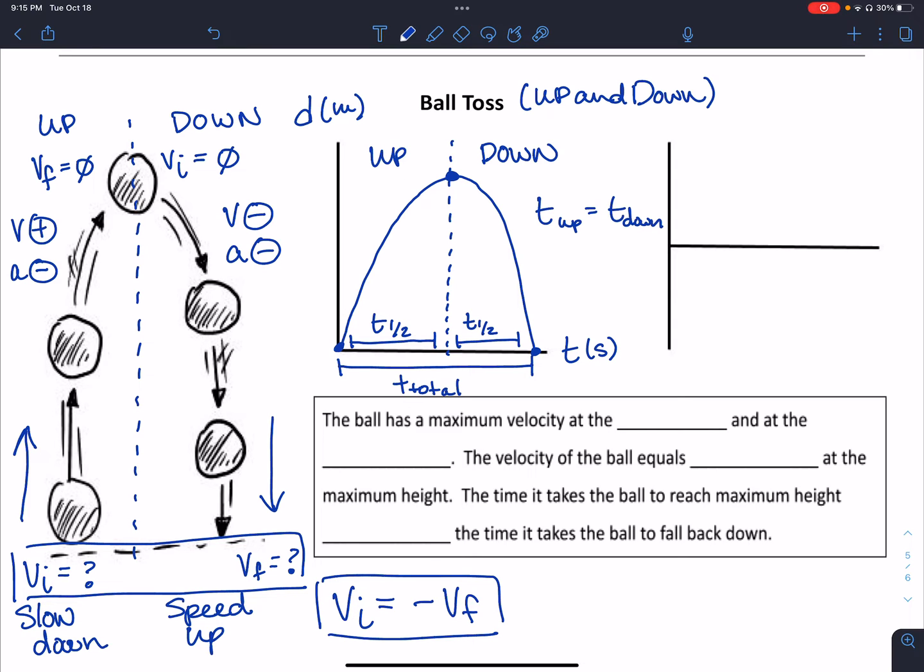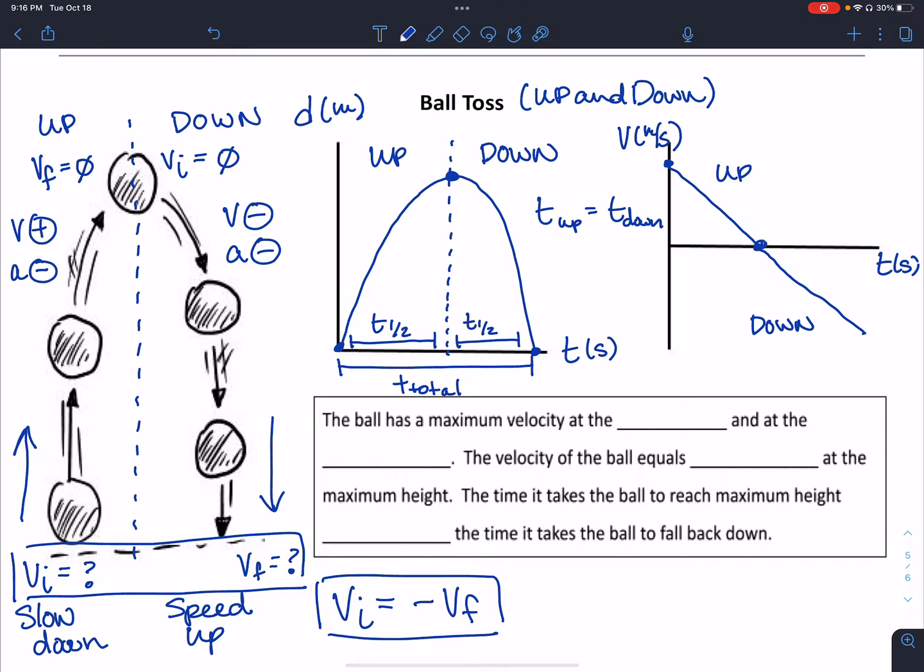If we look at our velocity graph versus time, it's the same general idea. We start away, or on the positive side, sorry, and we go towards zero because we're decreasing in velocity, and then we change direction to the negative side and go away from zero because we are speeding up. So we're going up and then down.